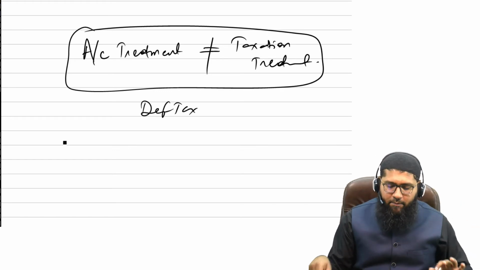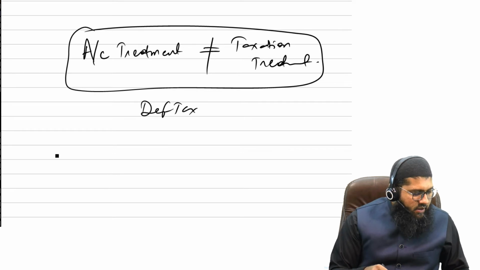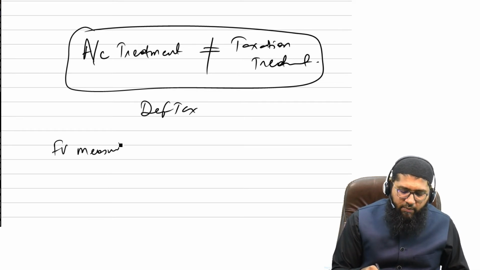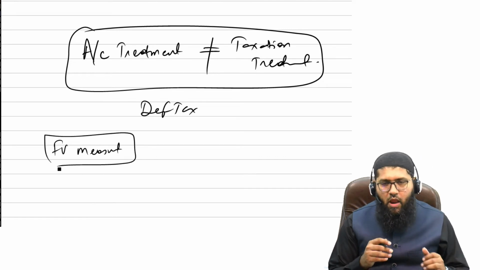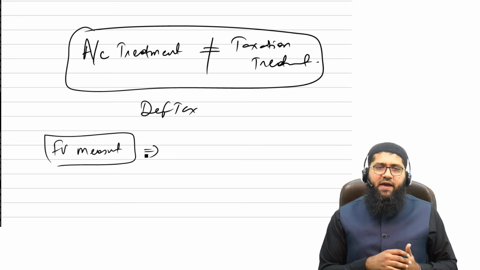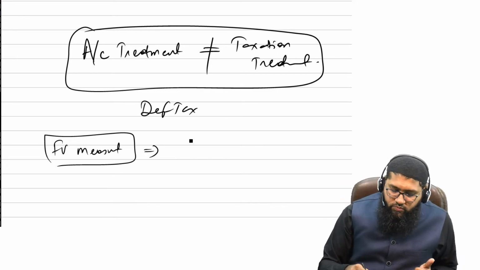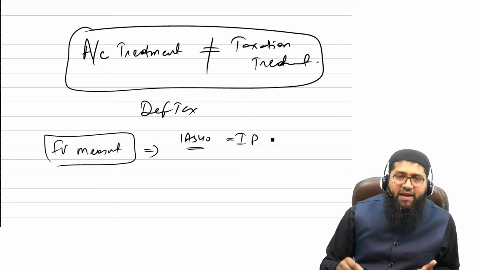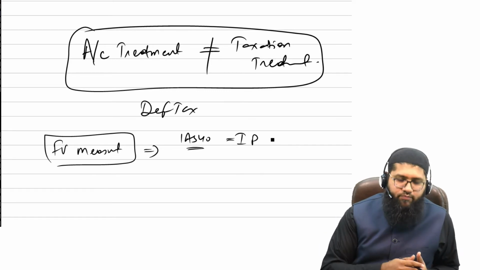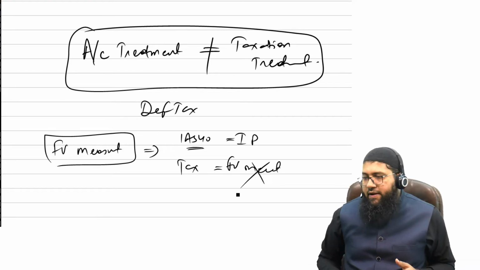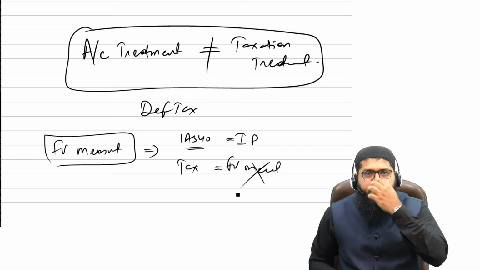For example, if I talk about fair value measurement, under IAS 40 investment property, we do measure the asset at fair value, but the tax authorities don't accept the fair value measurement.